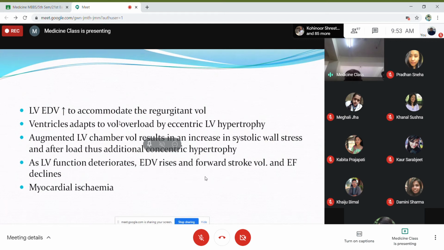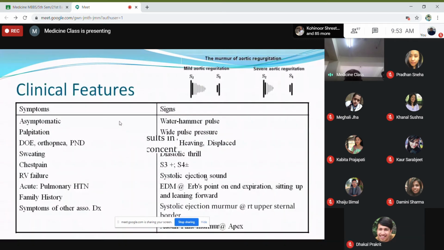Now, if you look at the clinical features, the patient may be asymptomatic, but generally they start with palpitation. Only later will they have dyspnea on exertion, orthopnea, or PND. Then there may be sweating and chest pain. Later, there will be features of ventricular failure because of the increase in pulmonary hypertension, causing dilatation of the right heart, and thus right ventricular failure.